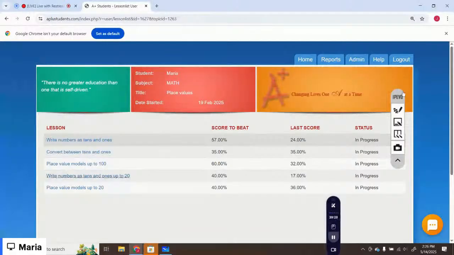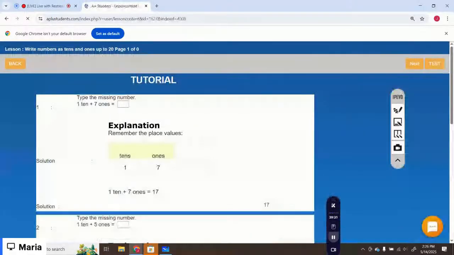The next lesson is numbers 10 up to 20. Write the missing number. 10 plus 7. 1 ten and 7 ones. So together they make 17. 7 is at the ones position and 1 is at the tens, right?